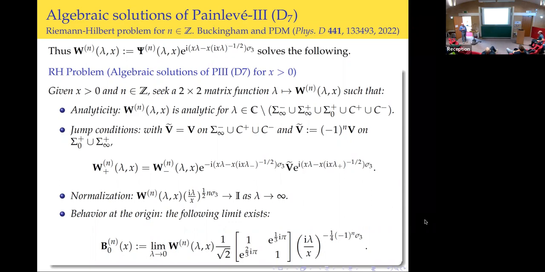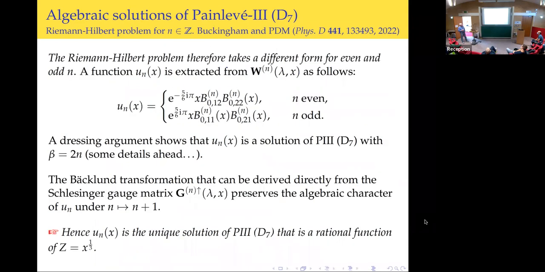Whereas at the origin, I should multiply by this matrix factor here. And notice now the exponent has got a minus 1 to the n in it. And that's capturing this flipping back and forth of the exponent. Okay, so in particular, the limiting value is this E0 n. That's the Riemann-Hilbert problem. And then even though it looks different for even and odd n, you can still build a function un out of this W by a different formula in each case.